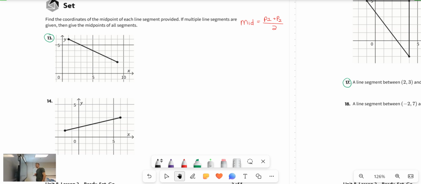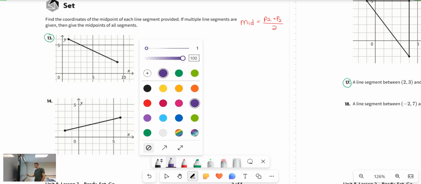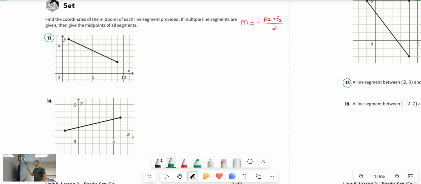So we now look, we have our segment. It looks like these points are, and we're going to label them here, 1 comma 6, and our second point is 9 comma 2. So those are our 2 points.